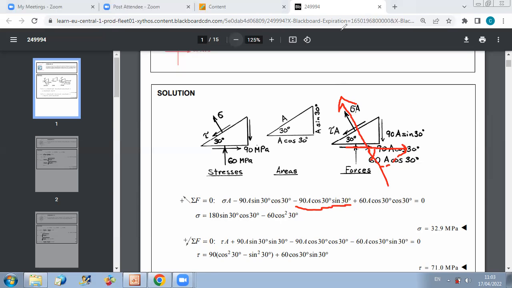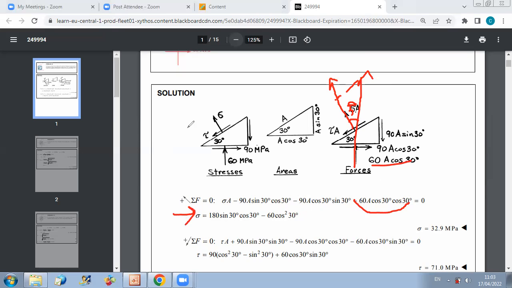Now this force has a positive projection on the direction we are considering, and it has an angle of 30 degrees. So you will do plus 60A cosine 30 times cosine 30 equals 0. This equation will directly give you the value of sigma.